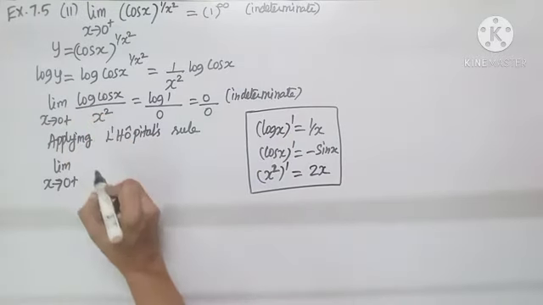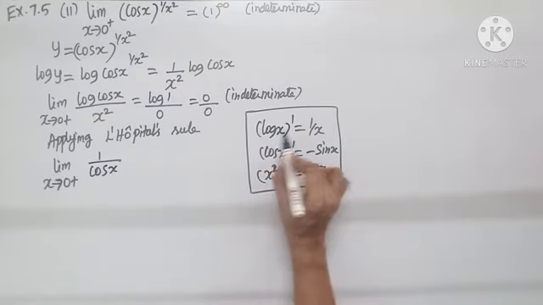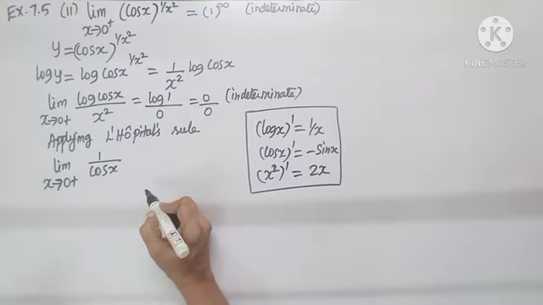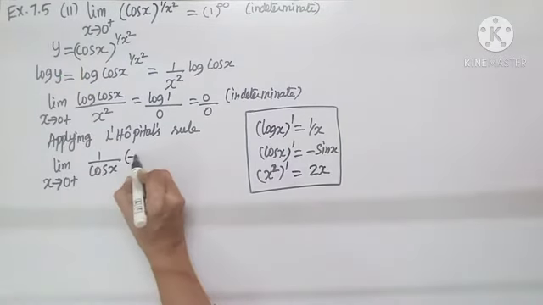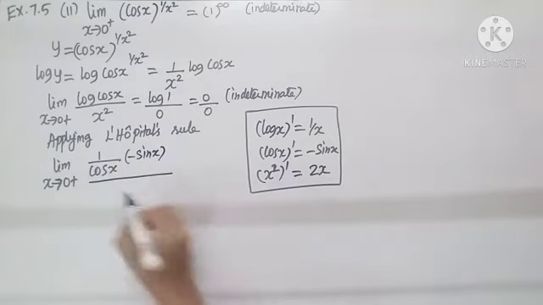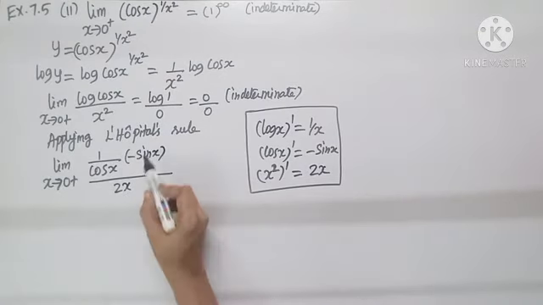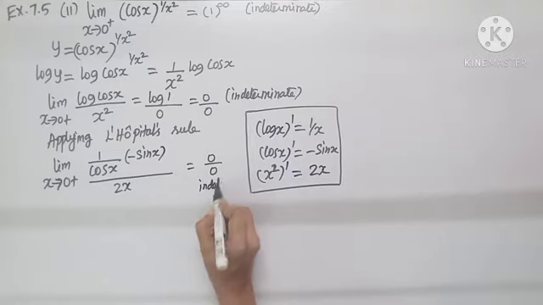Log cos x will become 1 by cos x. Hide logarithm. Cos x will become minus sin x. The denominator x squared becomes 2x. As we apply, again we get 0 by 0, which is indeterminate.